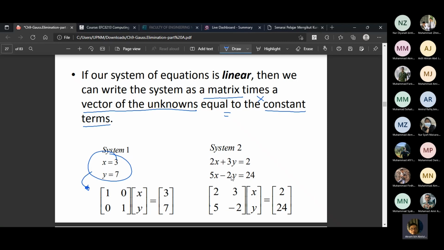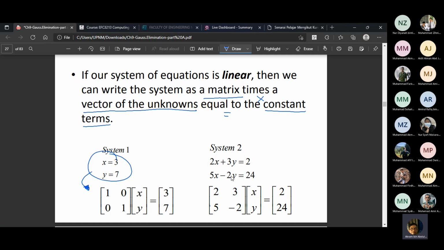Okay, yang mana kita ada matrix iaitu 1, 0, 0, 1, square bracket, multiply or times vector of the unknowns which is x and y equal constant terms dia adalah 3 and 7. So sekarang kita dah from equation we can transform it into matrix.